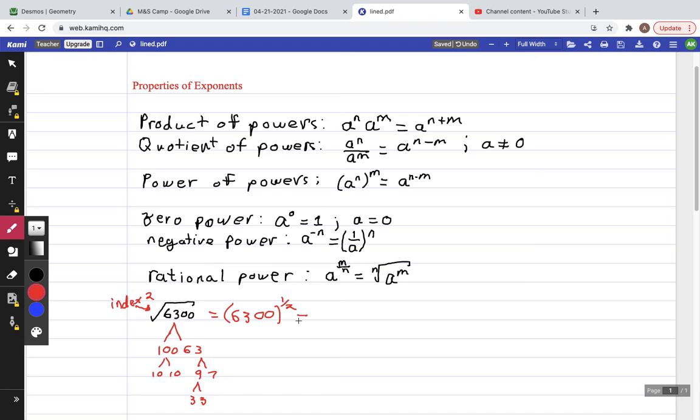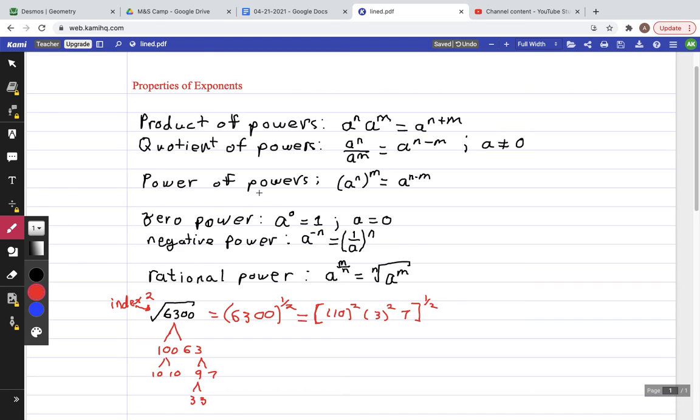So what we have here is 10 squared times 3 squared times 7, everything to the 1/2 power.